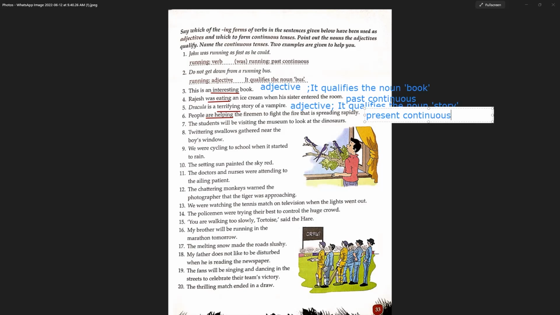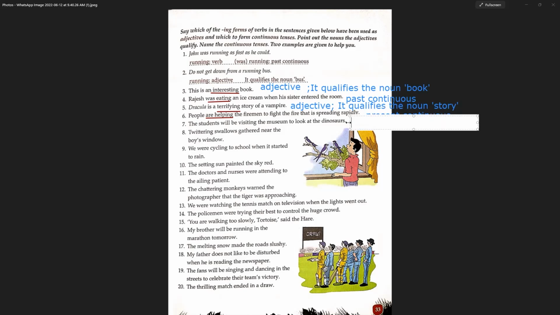Don't be confused between present and past. Present continuous is am, is, are; past continuous is was, were. Okay, right. Great job.